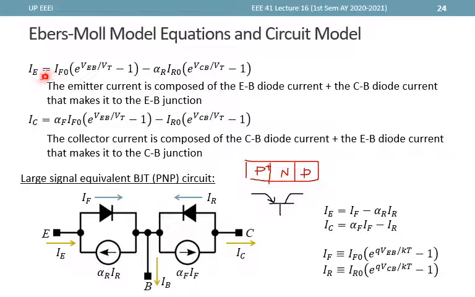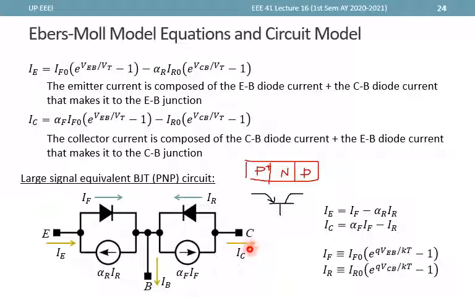Now, if we again look back on this one, the other term is subtracted, meaning its direction is the opposite of IE. So that's why we draw this current-dependent current source to be opposite of IE. And then for IC, we have this term here, which is positive, so its direction is the same as IC.